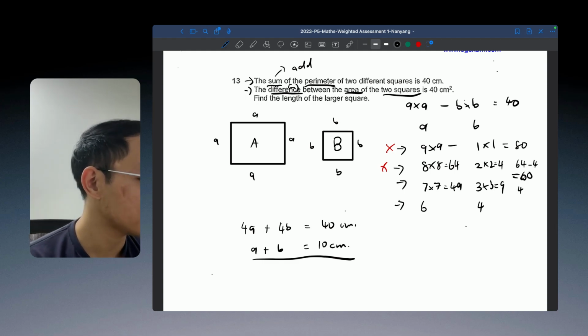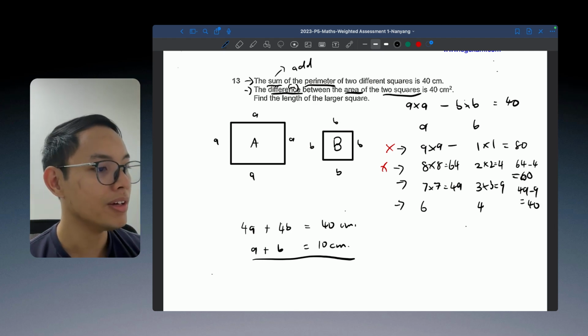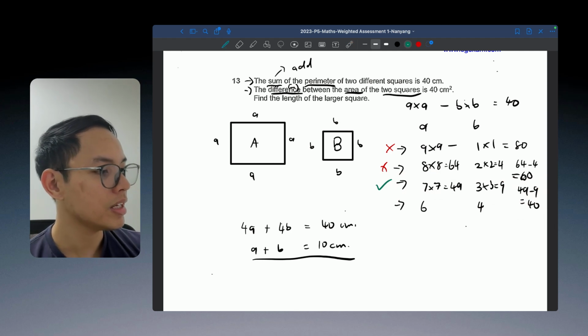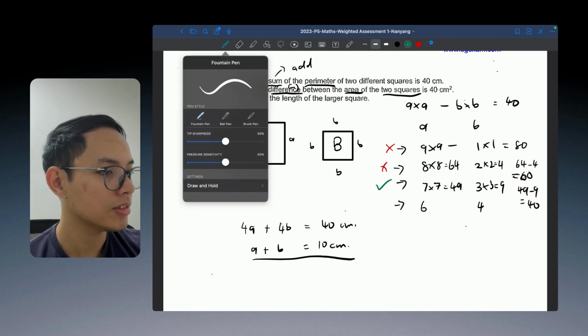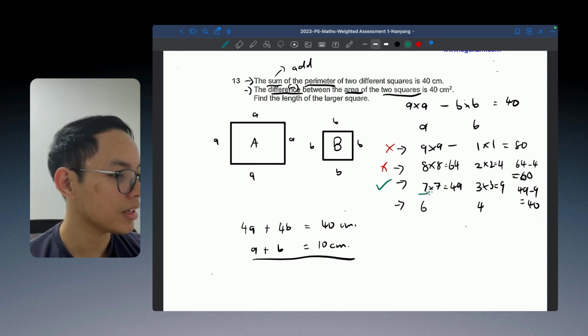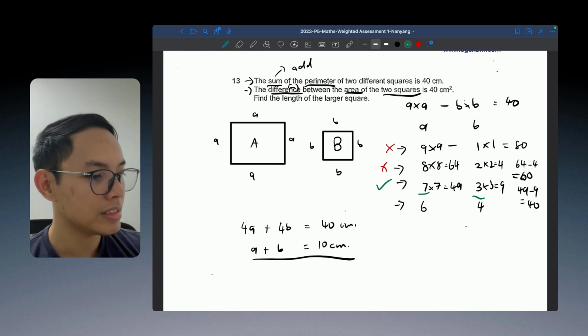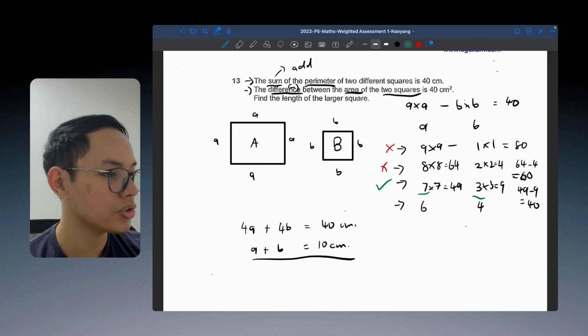Let's see if this is correct. 49 minus 9 is equal to 40. That means this combination over here is correct. So A is 7 and B is 3.